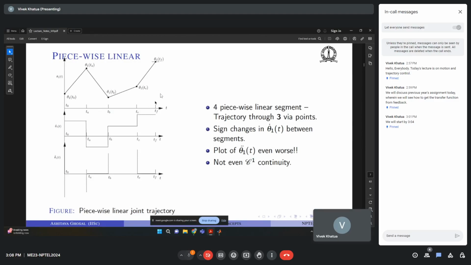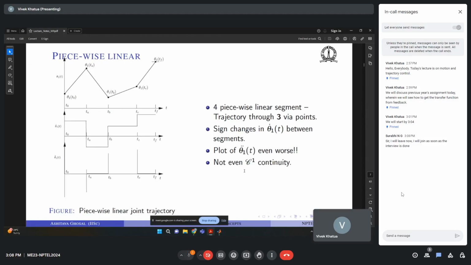We want theta, theta dot, and theta double dot to be continuous functions, right? A constant acceleration would give you a quadratic in theta and linear in theta dot.